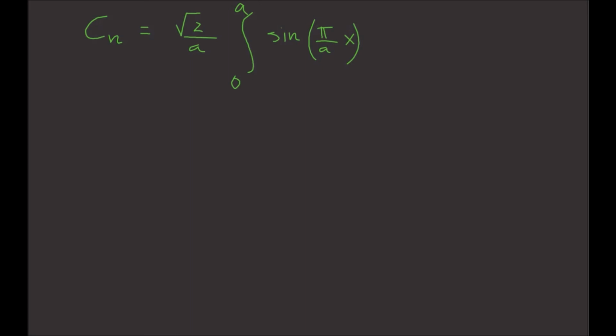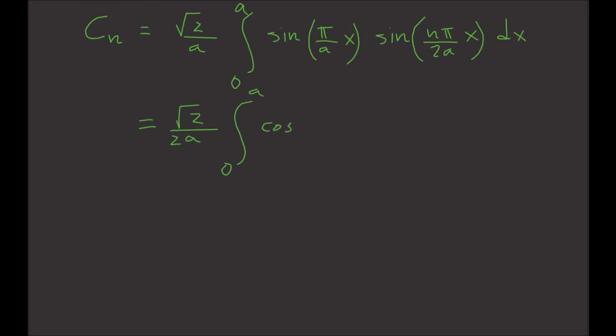times the sine of n pi over 2a x dx. So evaluating and simplifying this integral, we get the square root of 2 over a over 2a times the integral from 0 to a of cosine.